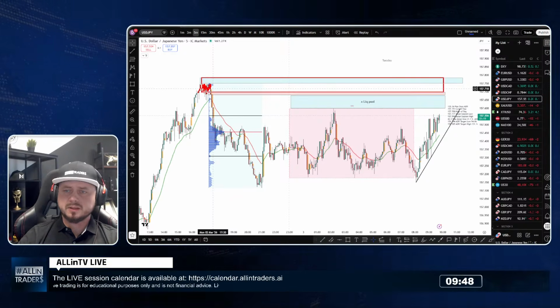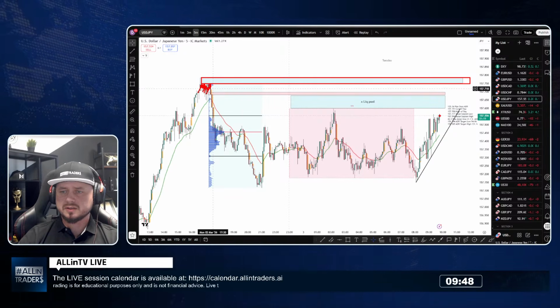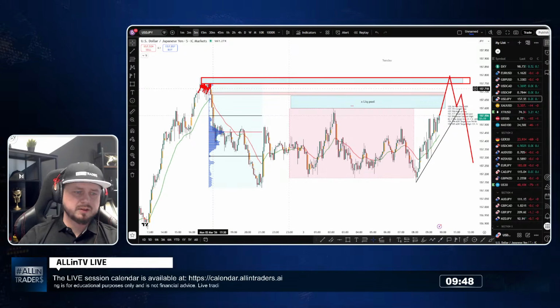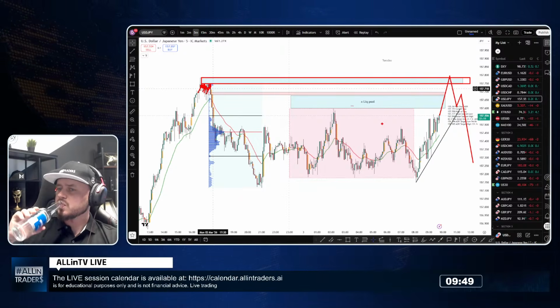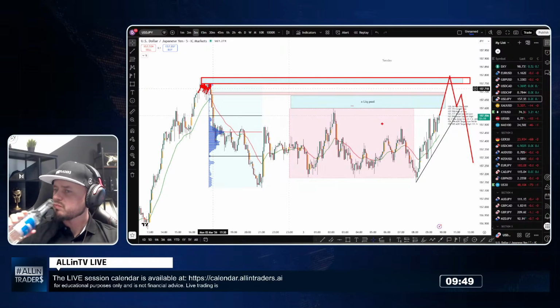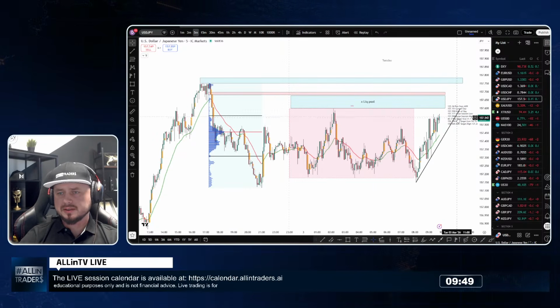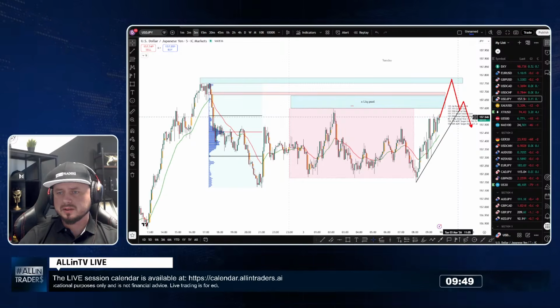So we got some liquid zone right here. That's why I don't want to set pending order, because there is a chance we're gonna break through and maybe then we're gonna have breakout and retest, guys. So this is another option basically to get here, and then we're gonna look for some breakout.